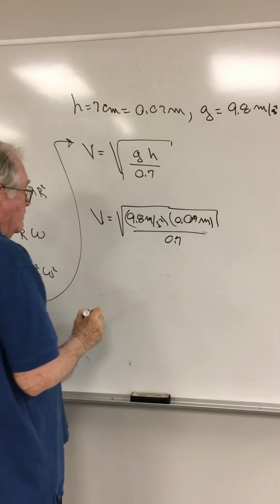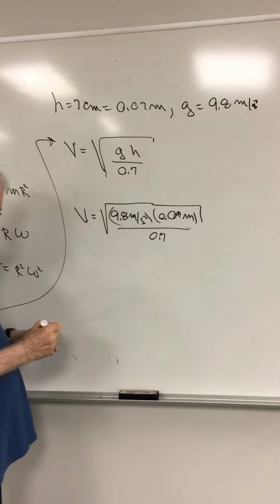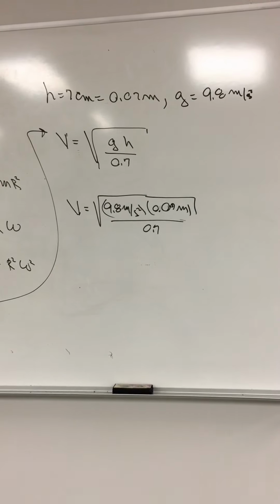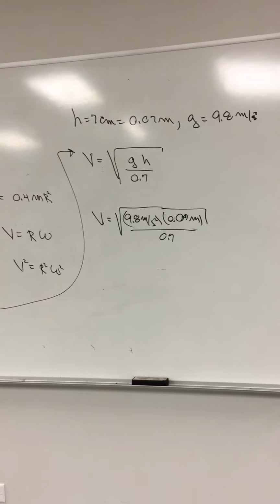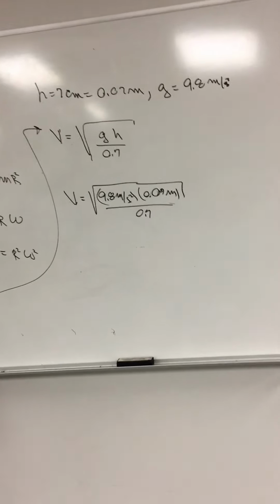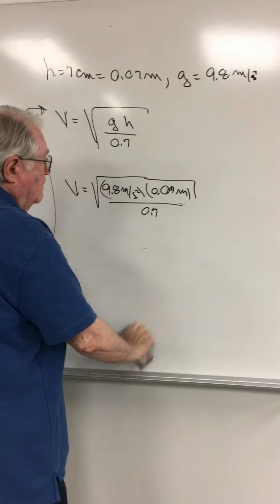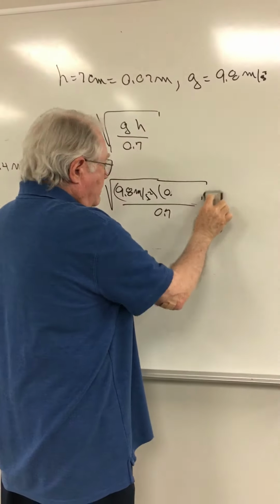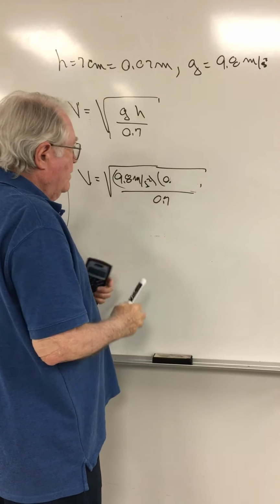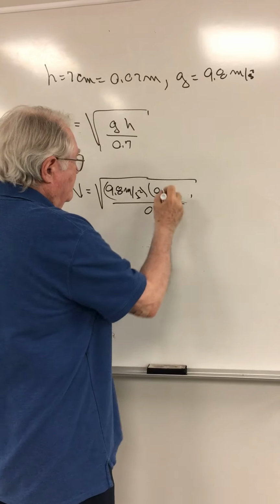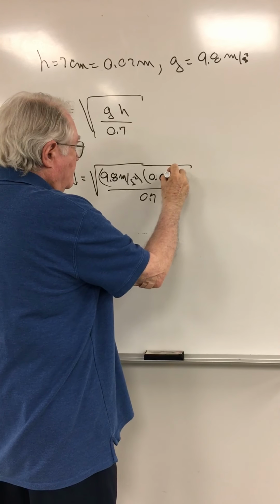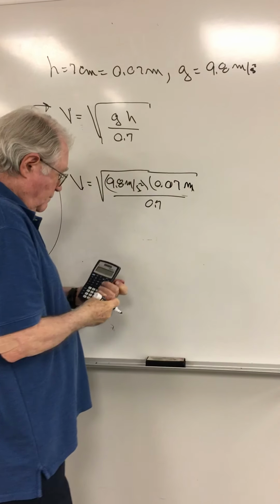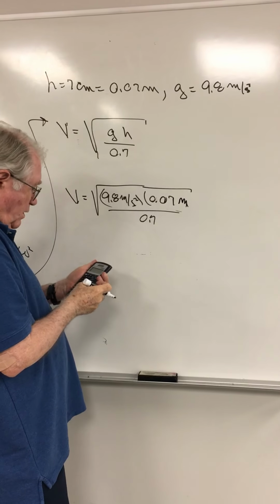Okay. Now I need my calculator, although I think I may be able to do this in my head. 0.07 divided by 0.7 should be about 0.1.